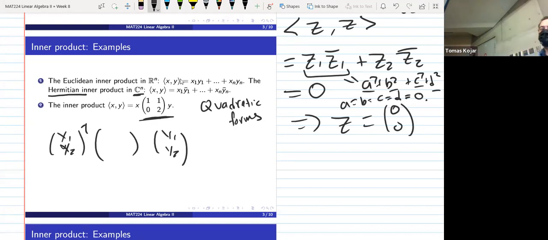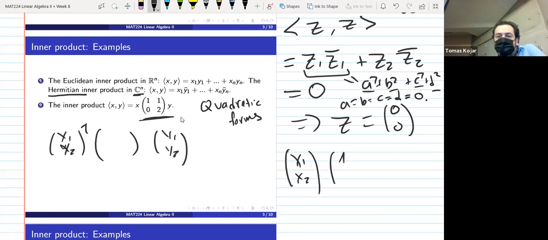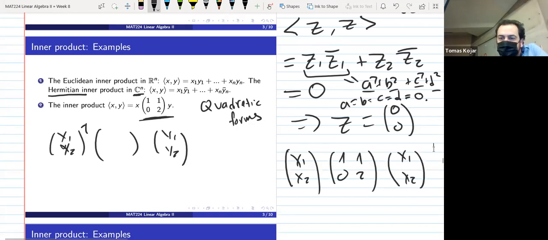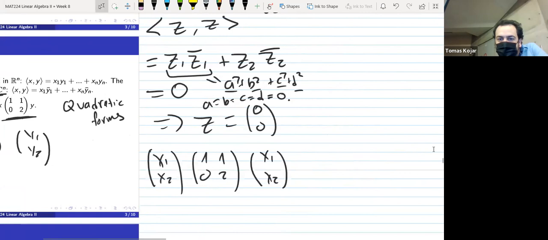Let me show you at least positive definite. So take the matrix 1, 2, 0, 1, and the same vector on both sides. I just have to multiply things out. I set this to be 0, and I want to show it's the 0 vector.